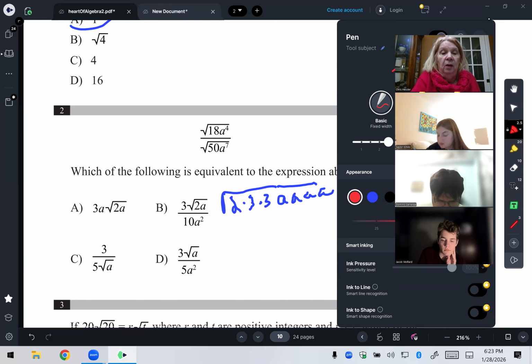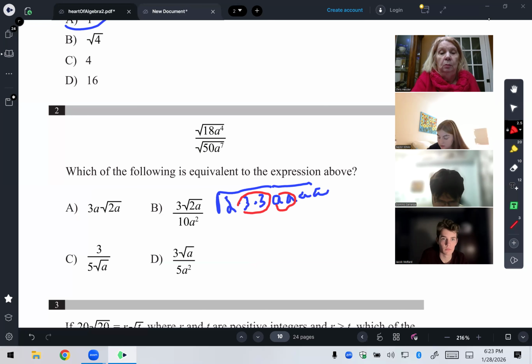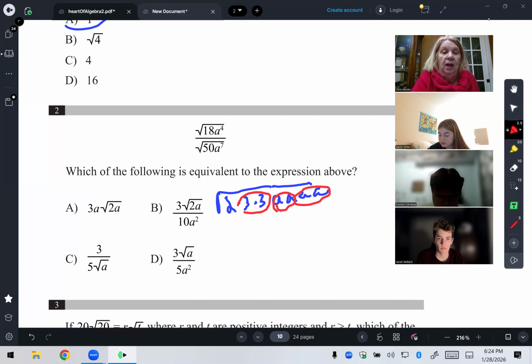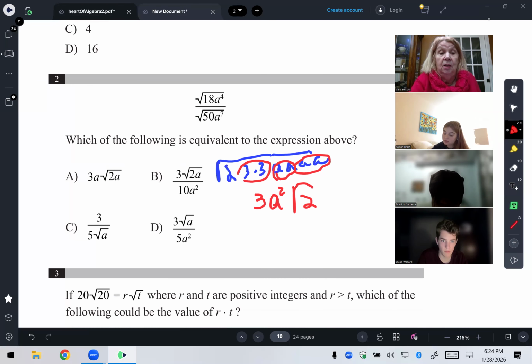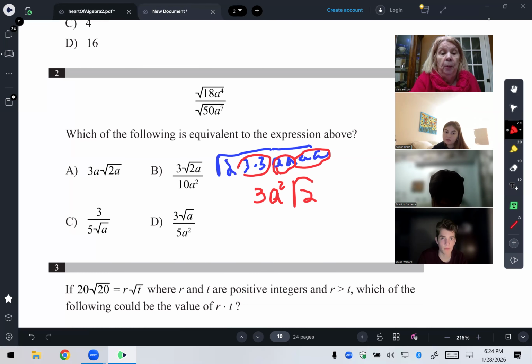So I can make a pair of 3s. Sounds like we're playing poker or something. So we take out a 3, one set of a's and another set of a's. So we get 3a squared. The lonely square root of 2 doesn't have anybody to match with. Now the denominator has 5 times 5 times 2 and 7 a's.